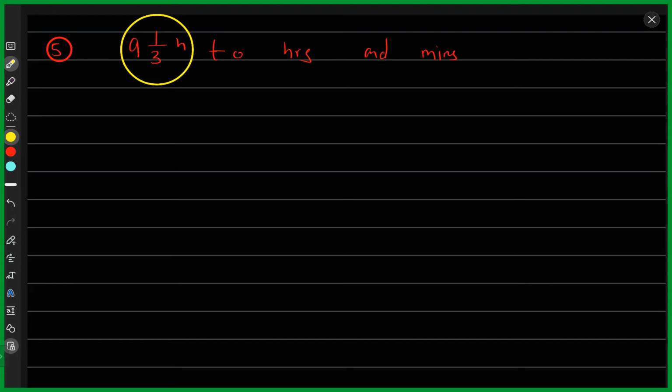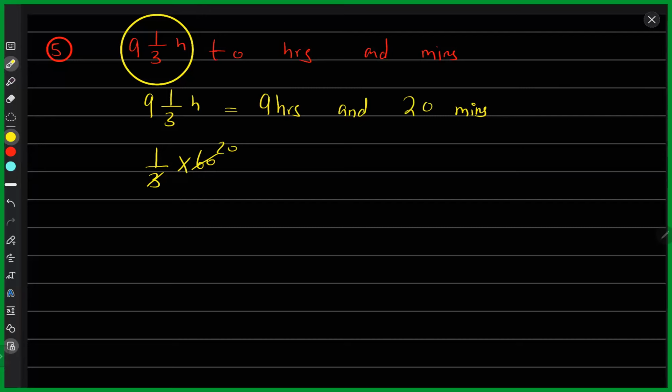Okay. So out of this 9 whole 1/3 hours, I can say that I have 9 hours, and for the minutes part, again, the idea is exactly the same. I'll do 1/3 multiplied by 60, and I would get 20. So it would be 9 hours and 20 minutes.